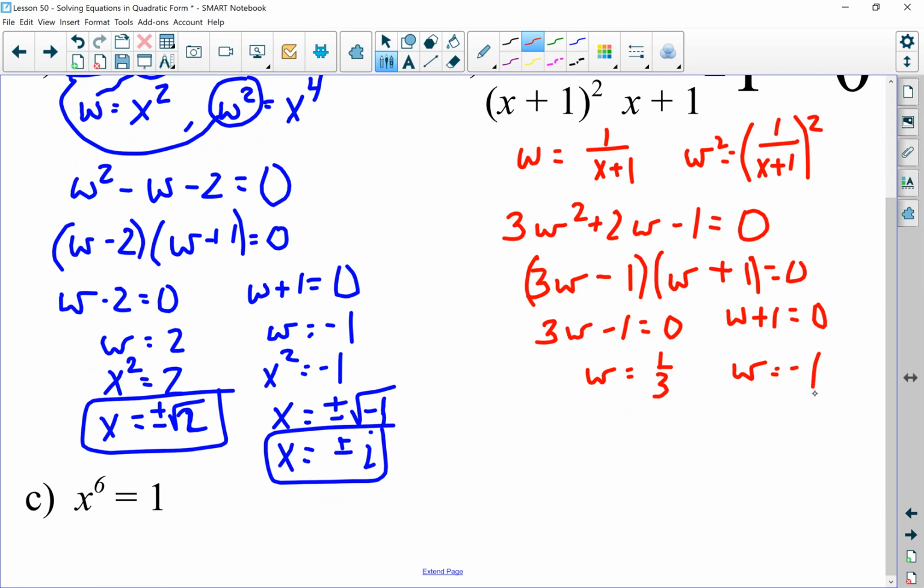And I get w is equal to 1/3 and w equals -1. But again, I'm going to need to substitute back in: 1 over x plus 1 equals 1/3, and 1 over x plus 1 equals -1.